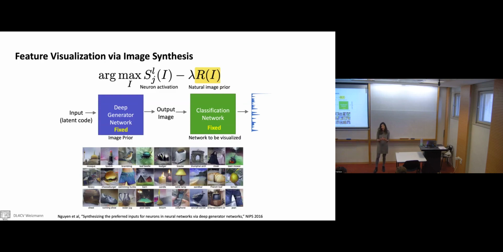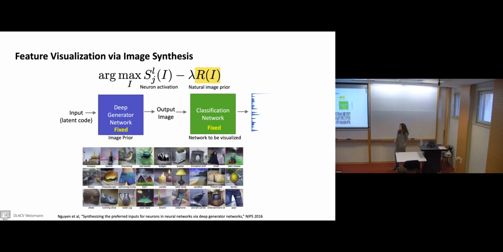Think about it, it's a really challenging optimization task. You have all the images of dumbbells in the world, you're looking for one. It's a many-to-one problem, so it's a challenging optimization problem. You are likely to get stuck in local minima. You are likely to get different results from each different random initialization, or even with the same initialization, running it again and again, you will get different results.